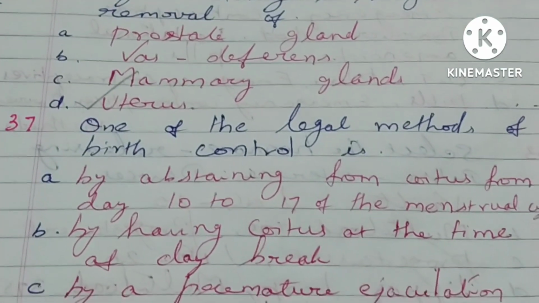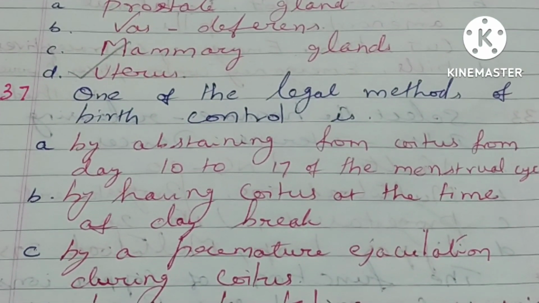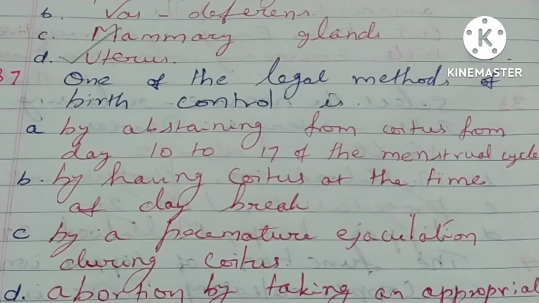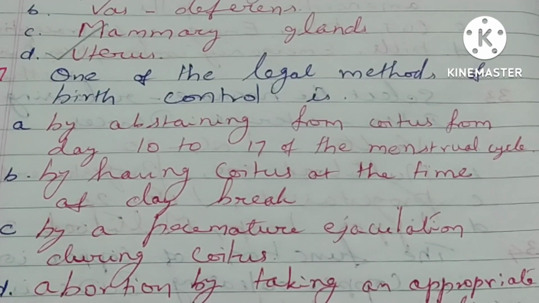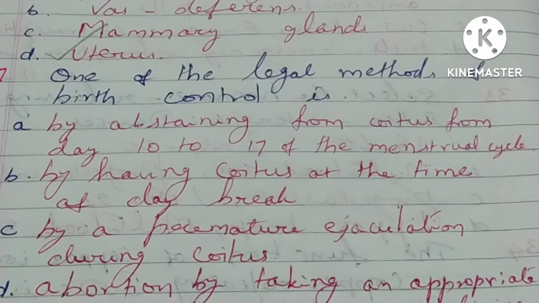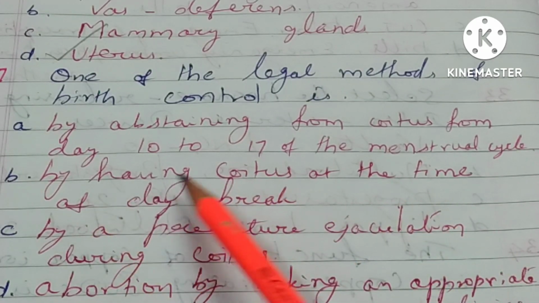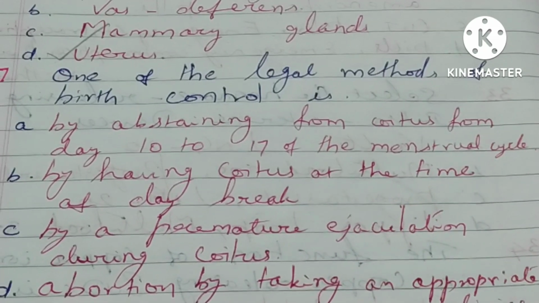Next, question number 37. One of the legal methods of birth control is: option A, by abstaining from coitus from day 10 to 17 of menstrual cycle. Option B, by having coitus at the time of day break.